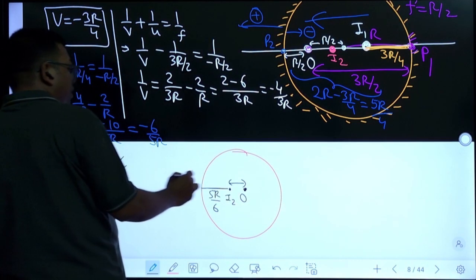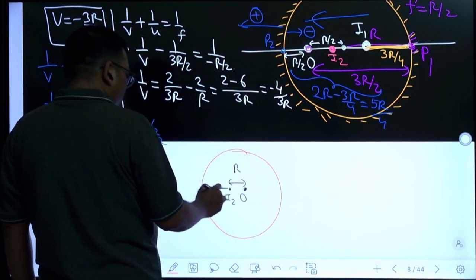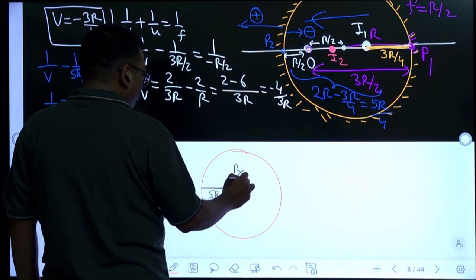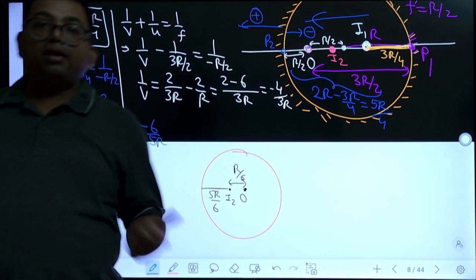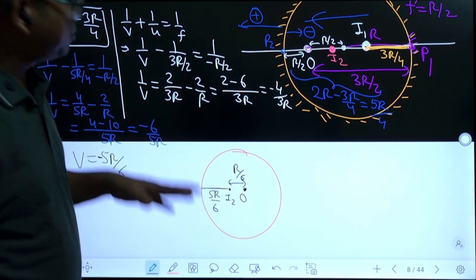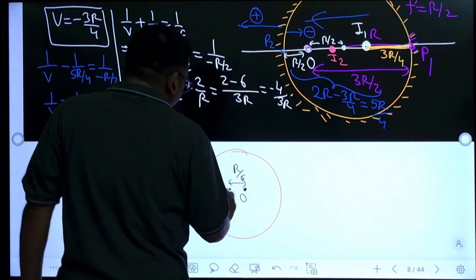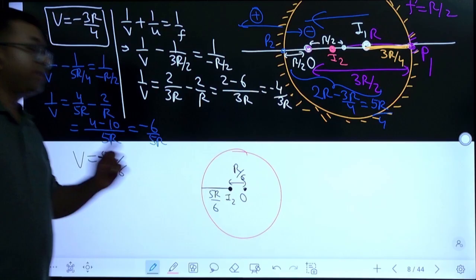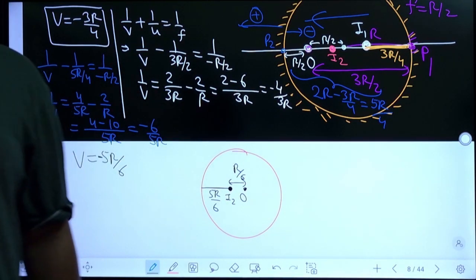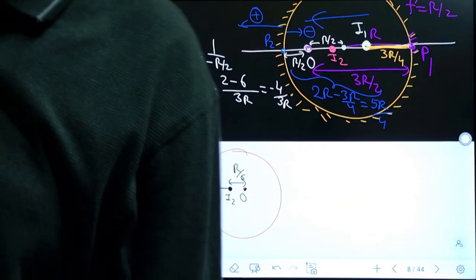Because total is r, r minus 5r by 6, so this is going to be r by 6. So the image is finally formed at r by 6 distance from the center towards the side of the object. Are you clear? Yes or no?